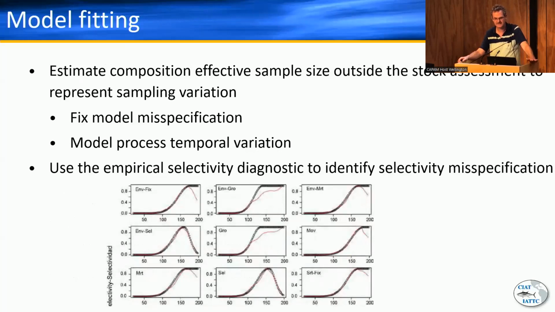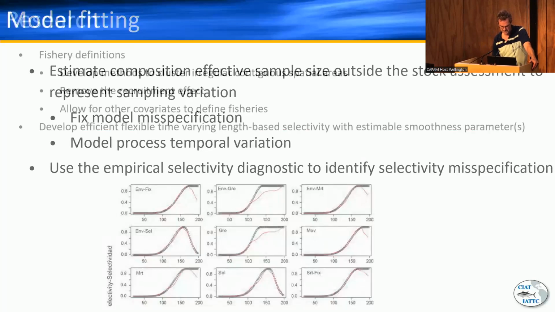You probably can't fix every single piece of misspecification, but if you fix most of them, then this kind of weighting hopefully would be okay. And then look at the empirical selectivity diagnostic to identify selectivity misspecification. That just gives you an example of that diagnostic.